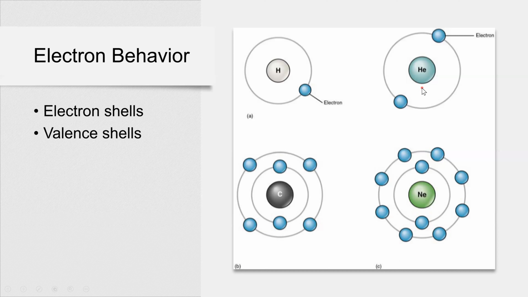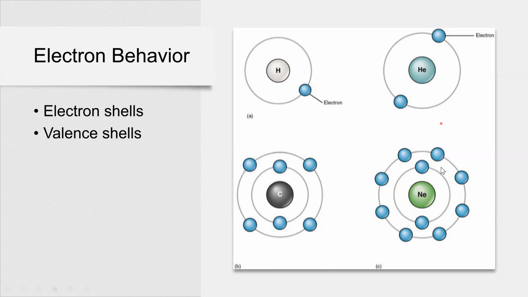Now, we can have 8 electrons on the outer shells, with the exception of the first shell, which can only have 2 electrons. So helium has 2, and it's in a stable energy state, so it's not reactive.